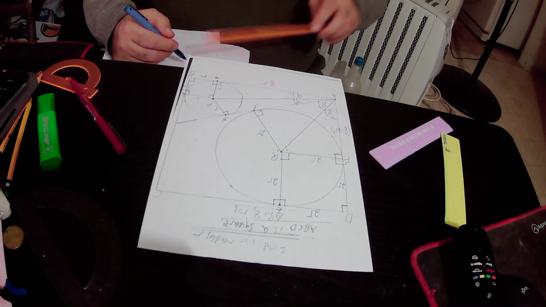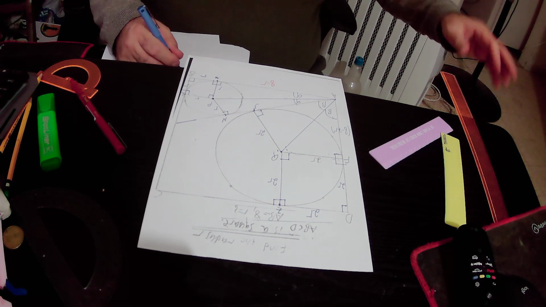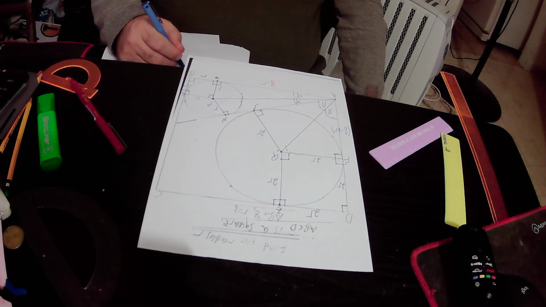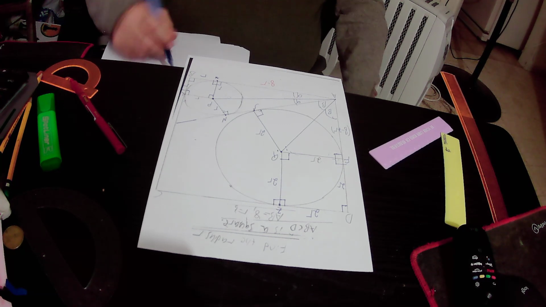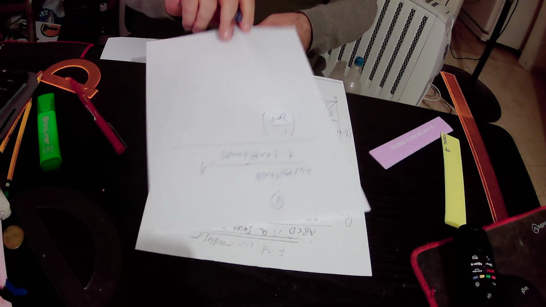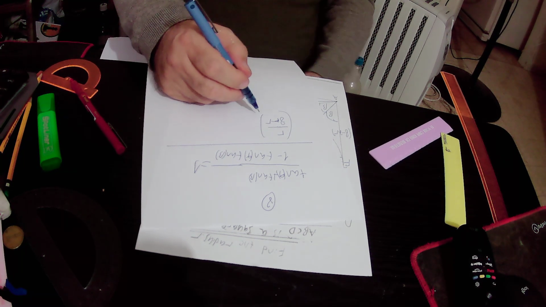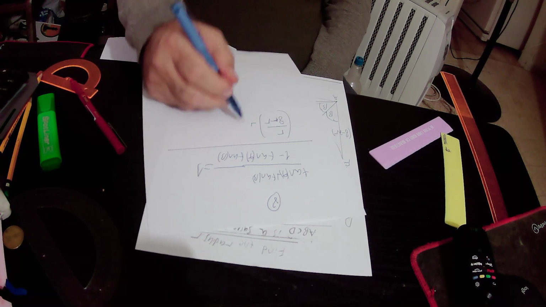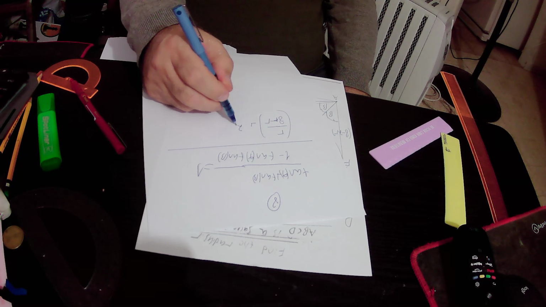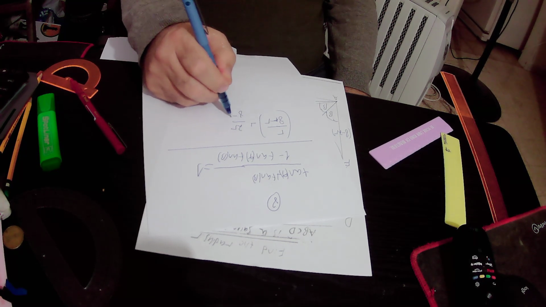So tangent alpha equals R over 8 minus R, and tangent beta equals 2R over 8 minus 2R.